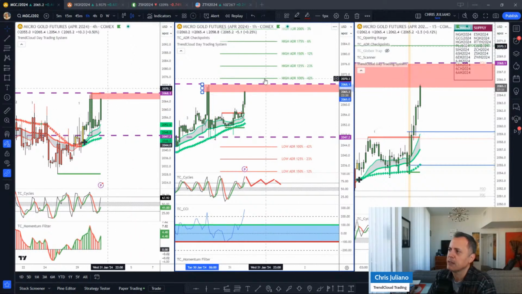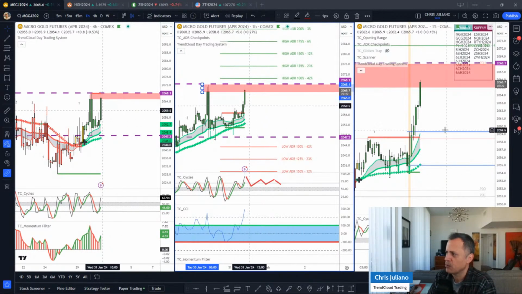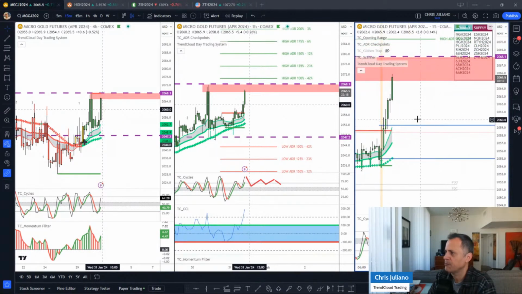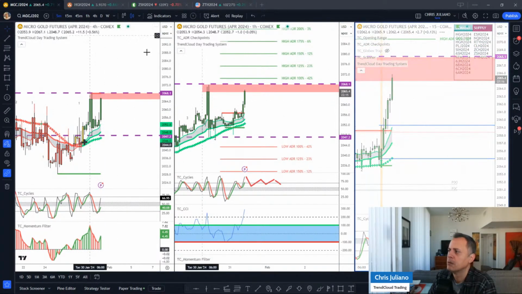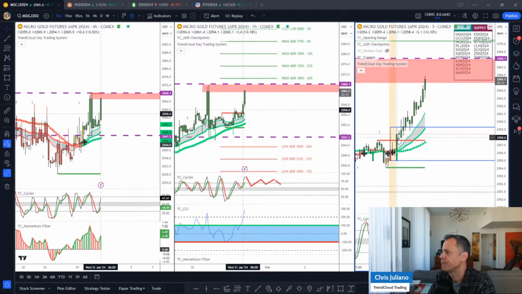We might be heading for that. Kazi, where do you have your stop loss now? Right, a little bit above break even. Entry.